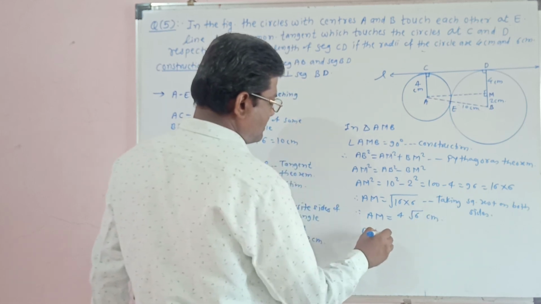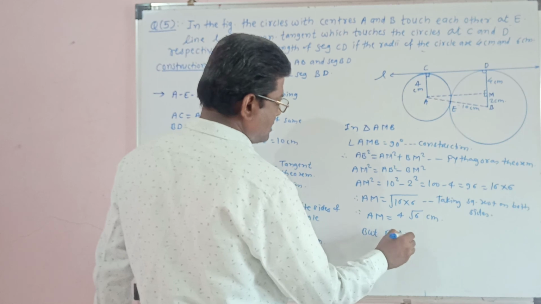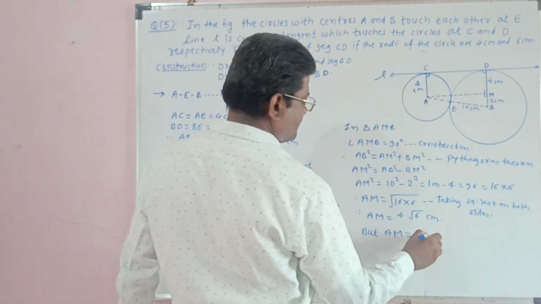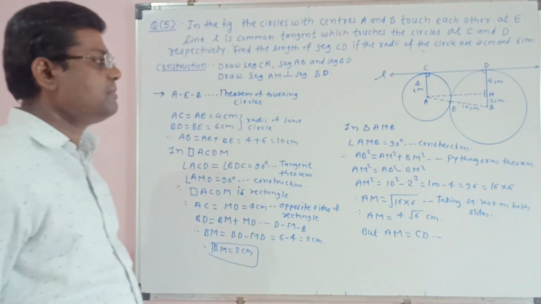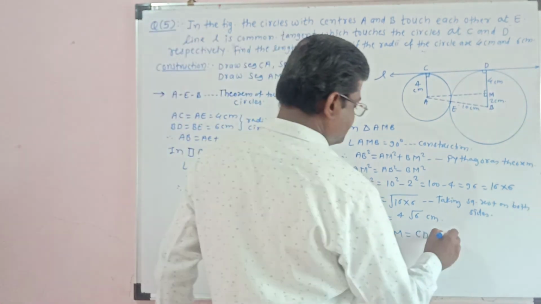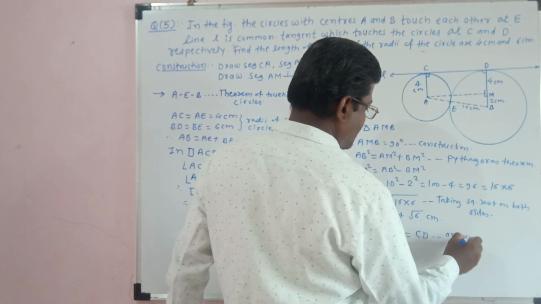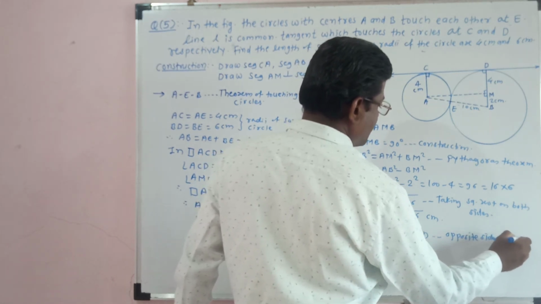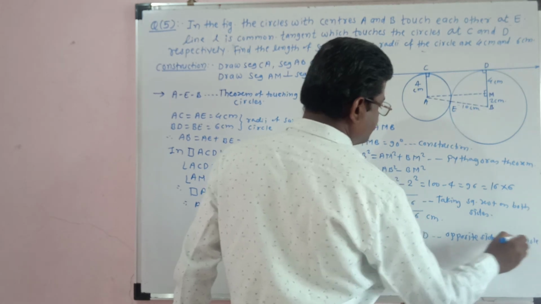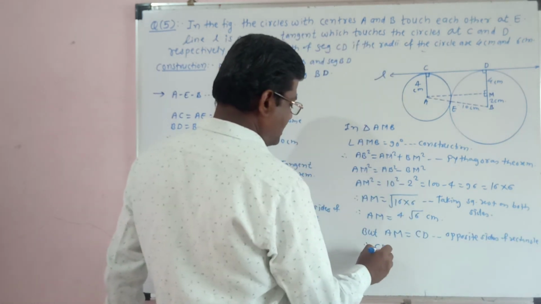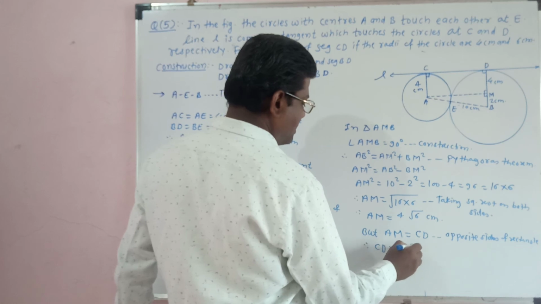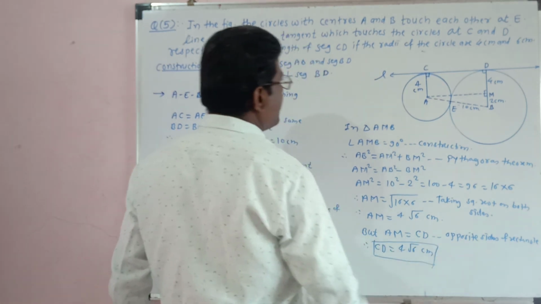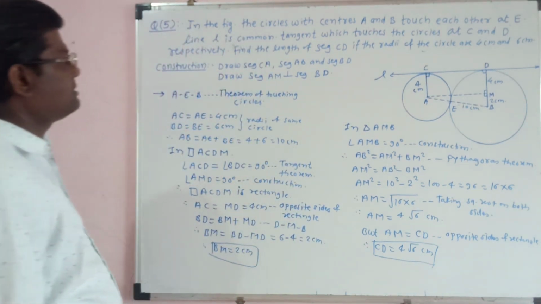But AM is equal to CD, opposite sides of a rectangle. Therefore, CD is equal to 4 root 6 centimeters. Thus, we get the value of CD.